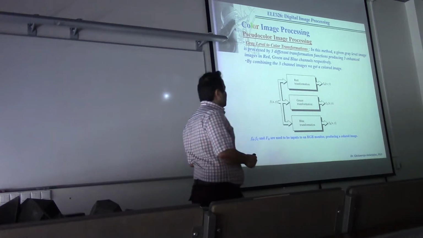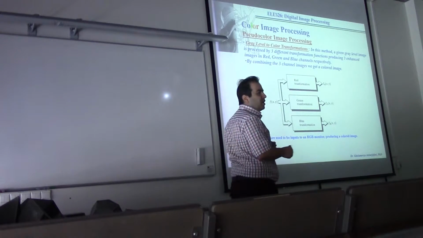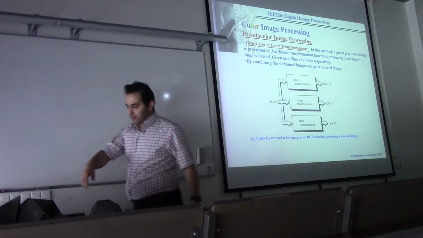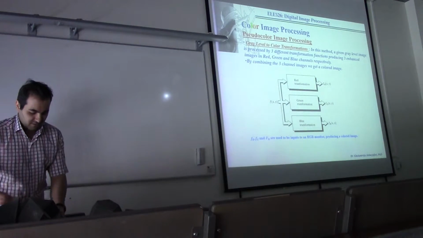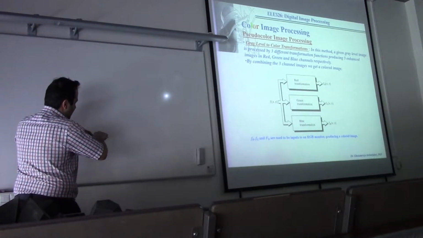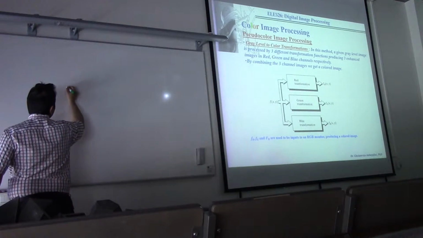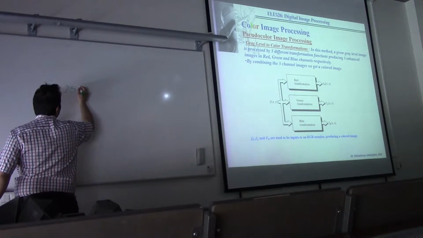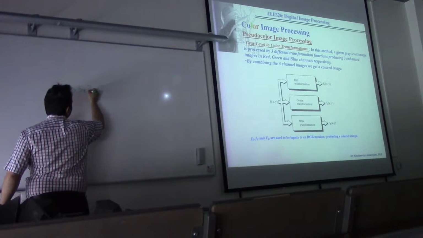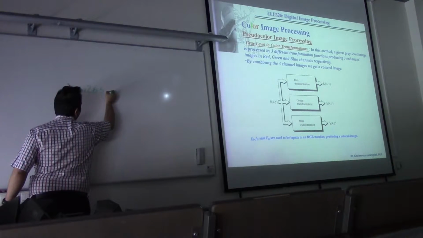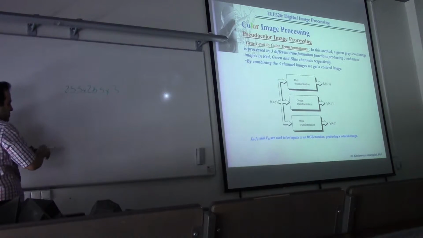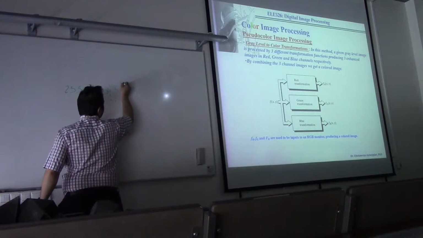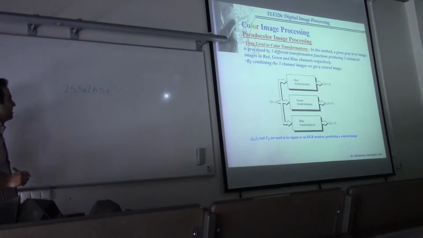It means that, for example, if you read a color image in MATLAB, depending on the image, you can see that the size of the matrix is, for example, 255 multiplied by 3. It means that we have a color image.